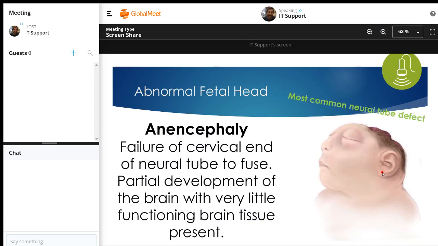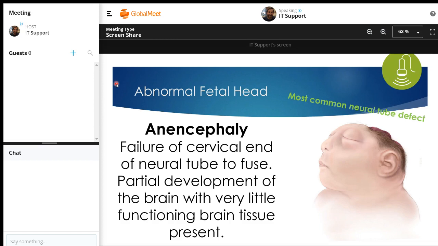All right, anencephaly. This is the most common neural tube defect. It is a condition that happens when the cervical end of the neural tube fails to fuse. So the top of the neural tube won't fuse and only partial development of the brain will happen.